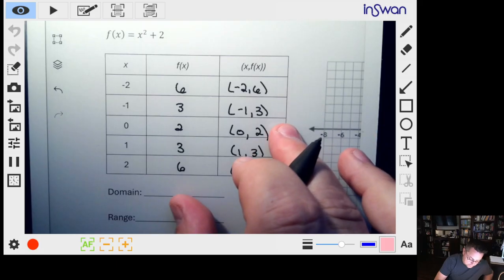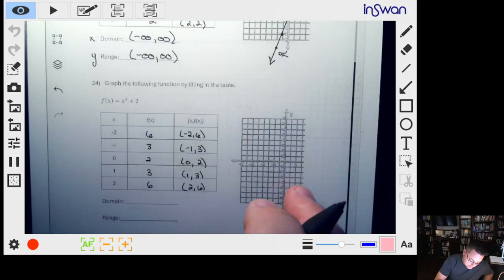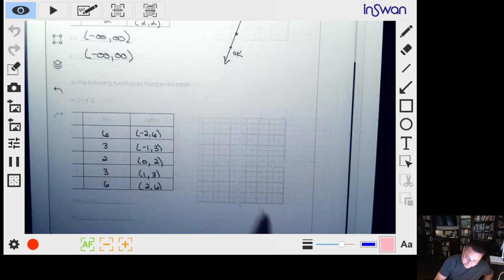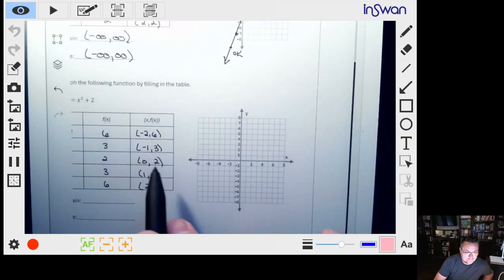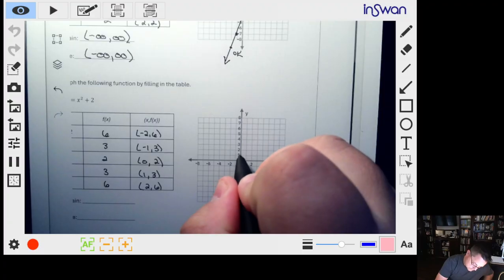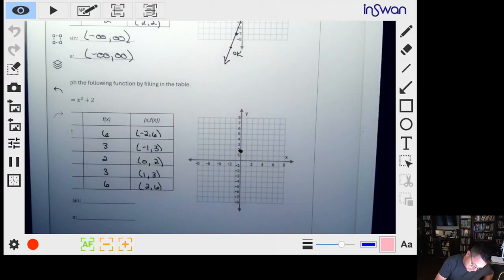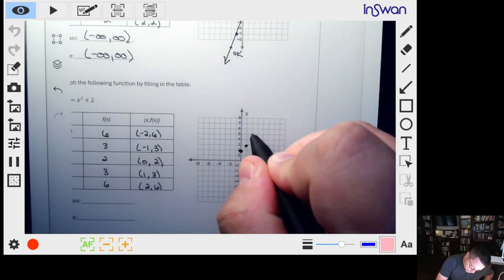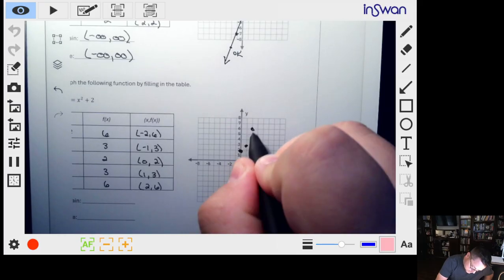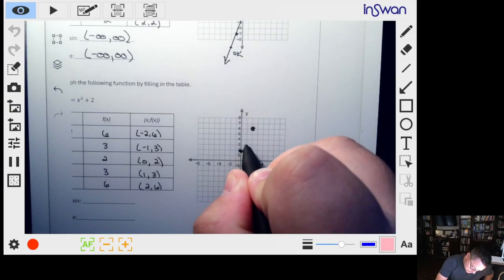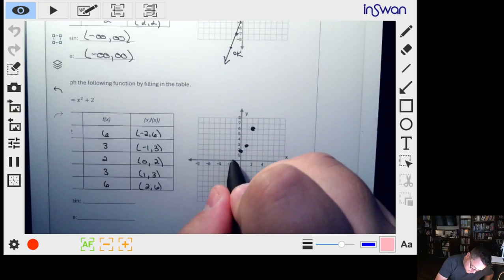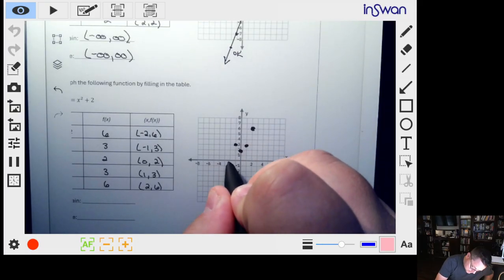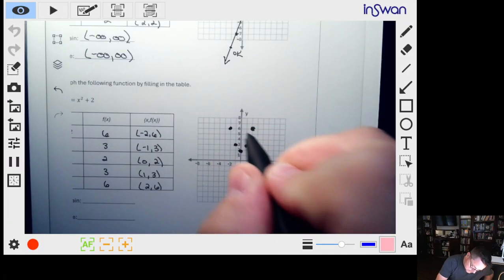So now what we'll do is we'll go and graph those over here. So 0, 2, well, that's right here in the graph. 1 over, 3 up, and 2 over, 6 up. Negative 1, up 3, negative 2, up 6.